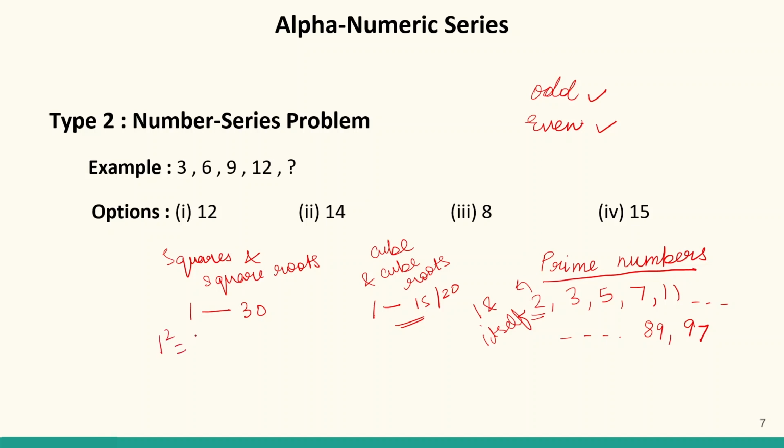What is the square of 1? 1. What is the square of 2? 4. What is the square of 3? 9. So this list up till 30 you should know. And cubes similarly, 1 cube is 1, 2 cube is 8, 3 cube is 27. Similarly up till 15 or 20 based on how much you can remember.